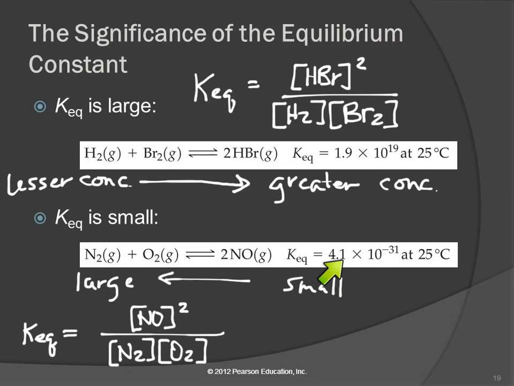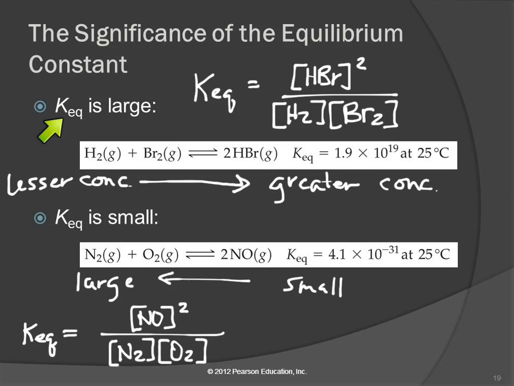We're looking at this 4.1 times 10 to the minus 31. That's a really tiny number. That means that at equilibrium, there's almost no product. This is really small compared to the concentrations of the reactants.